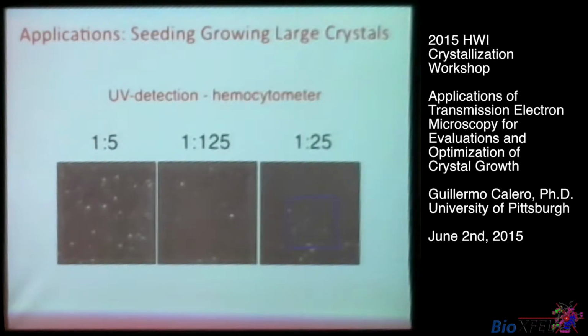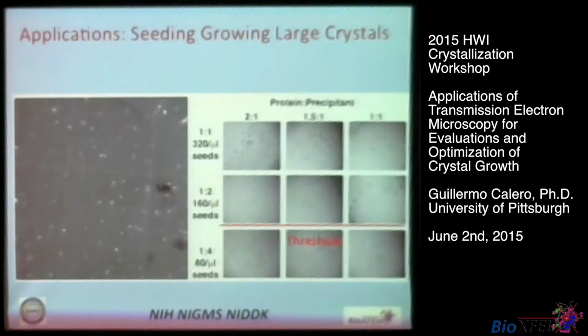This is a 15x objective. Put your fragmented crystals, and then take pictures with different dilutions. And basically, you just proceed to count them as you would count cells. So here's an example again of what you would see.